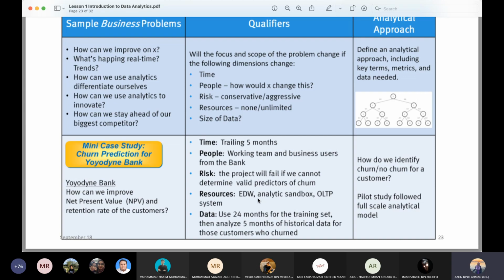Dia ada from the OLTP punya system. We have the sandbox. You boleh ada analytics tools. And then what else? Banyaklah. Tak terfikir pula saya untuk resources ni, tapi bergantung pada what kind of business, what kind of problems, solutions yang you nak buat. So resources tu you boleh ambil lah daripada yang available dekat dalam bidang ni.